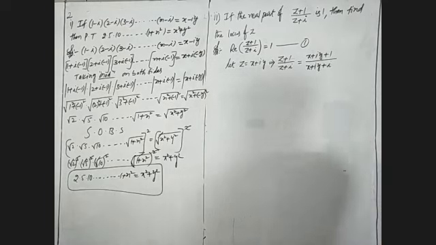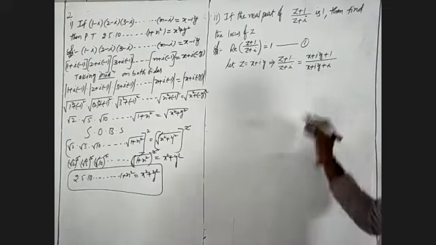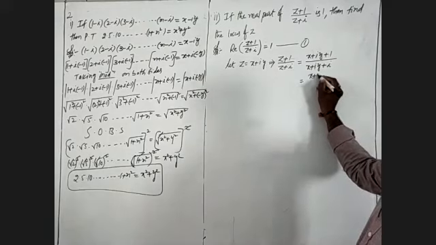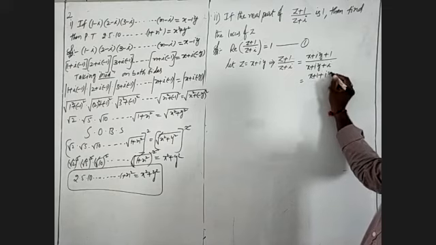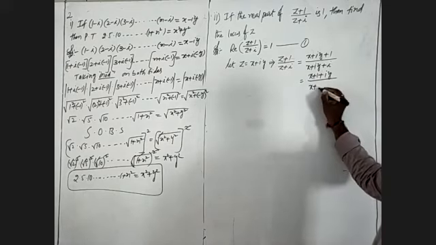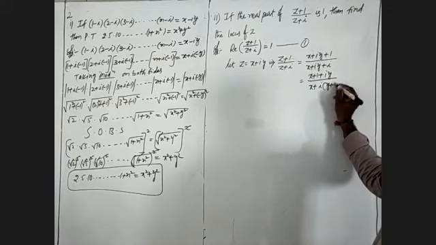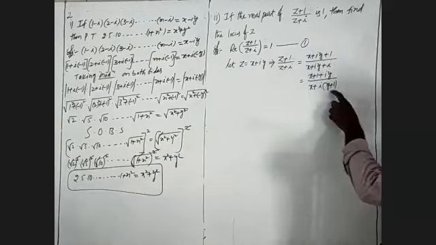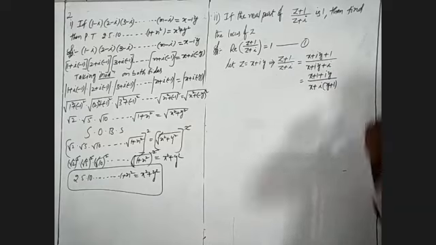Here we have to separate the real and imaginary parts. We will get x plus 1 plus iy by x plus i into (y plus 1). i into y will become iy, i into 1 is i.